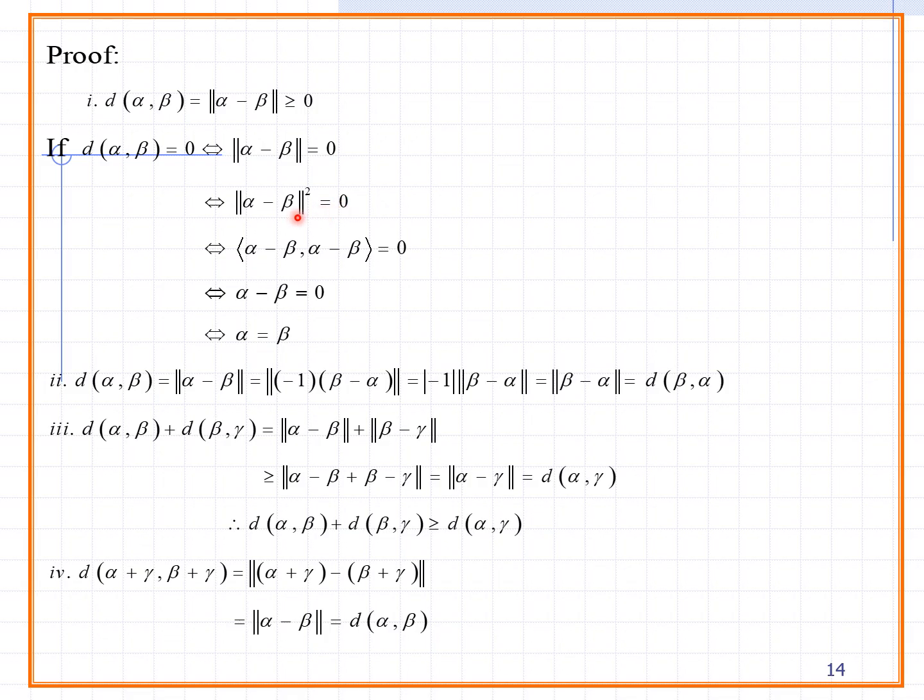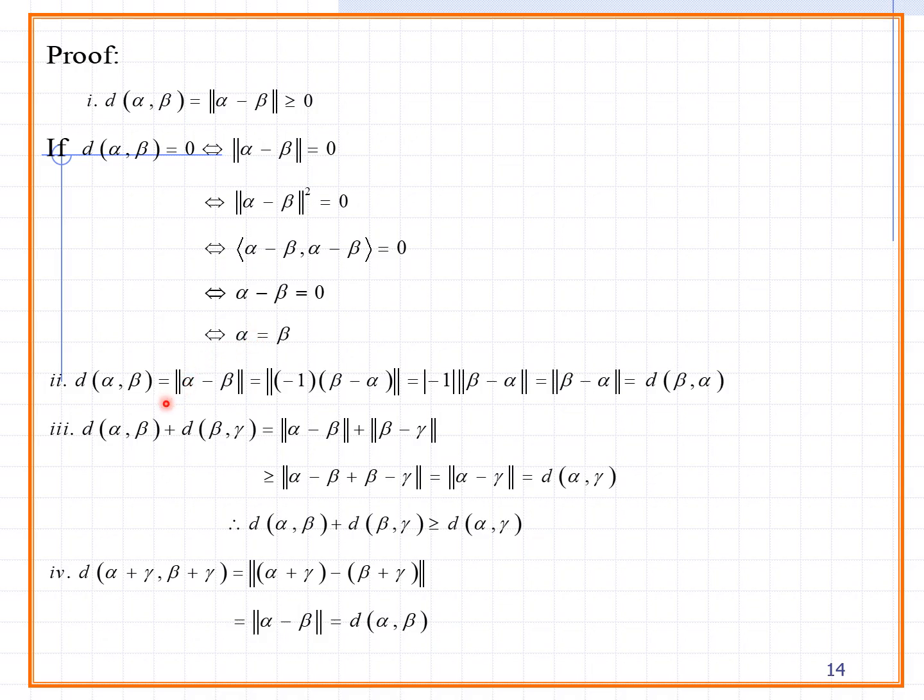So norm alpha minus beta whole square can be written as the inner product of alpha minus beta comma alpha minus beta, because we already know that norm alpha square can be written as the inner product of alpha comma alpha. By using that condition, the inner product of alpha minus beta with itself equal to 0 gives alpha minus beta equal to 0. So once alpha minus beta equals 0, shifting beta to the right side, alpha equals beta. So the first one is proved.